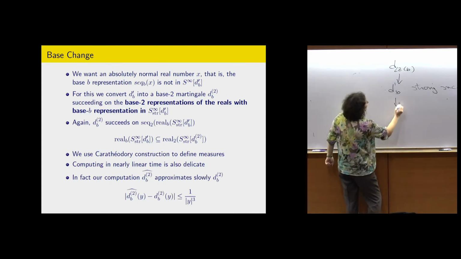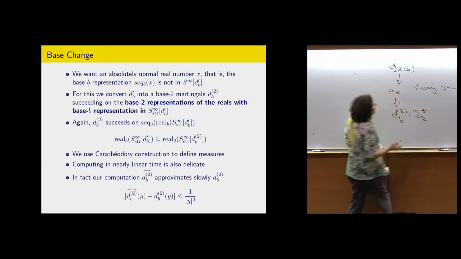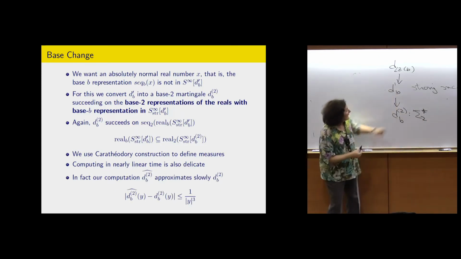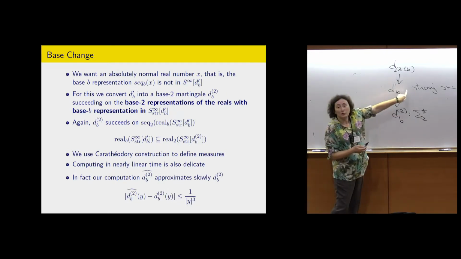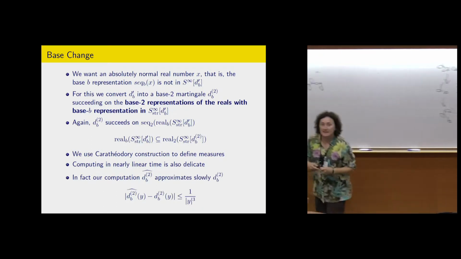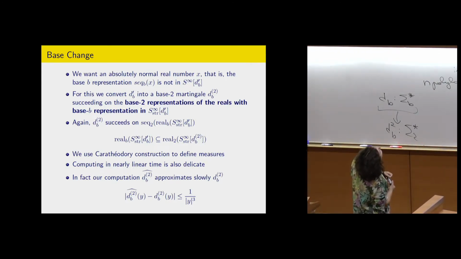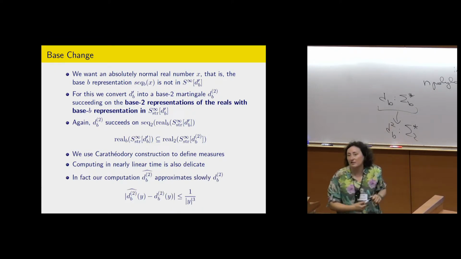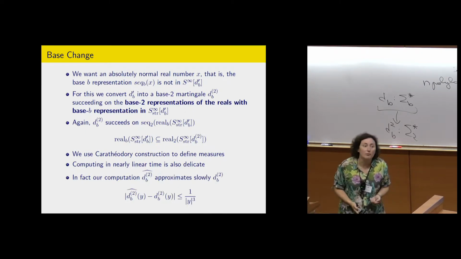So I have another martingale, but this one is from base 2. And more or less, it succeeds on the reals where this one succeeded. So if you have a certain W in base B, changing it to base 2 could still keep the success. This new martingale succeeds on the binary sequences that correspond to the reals where D prime was strongly succeeding.